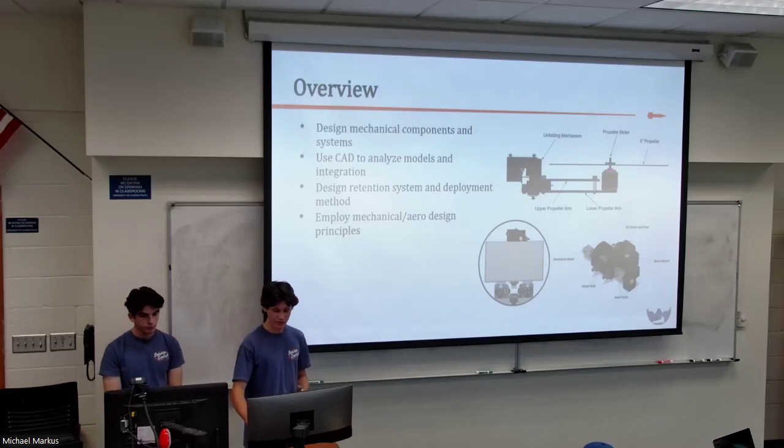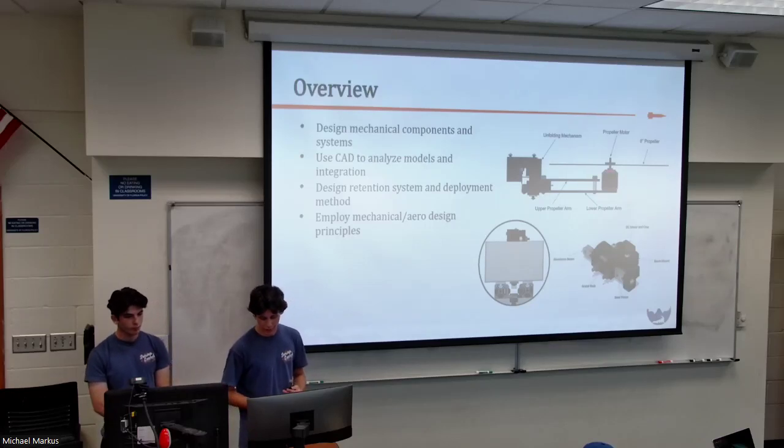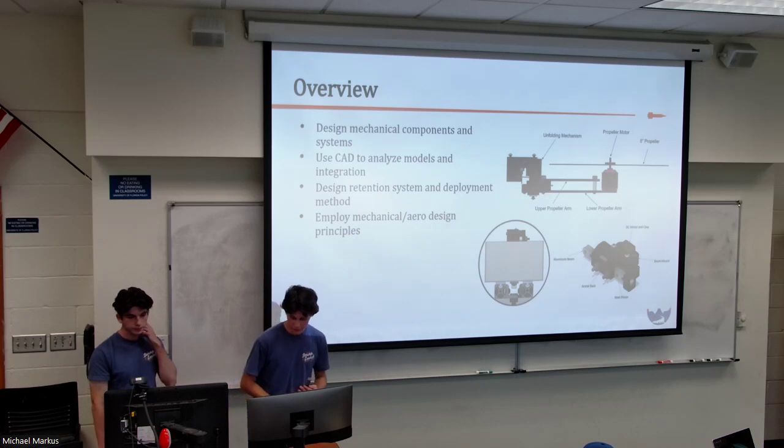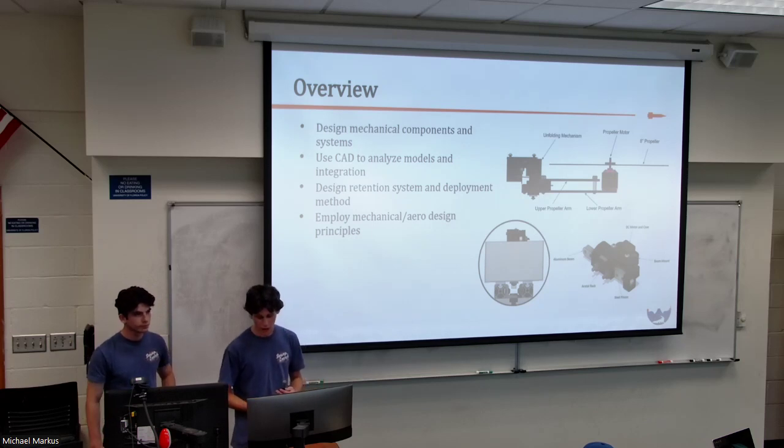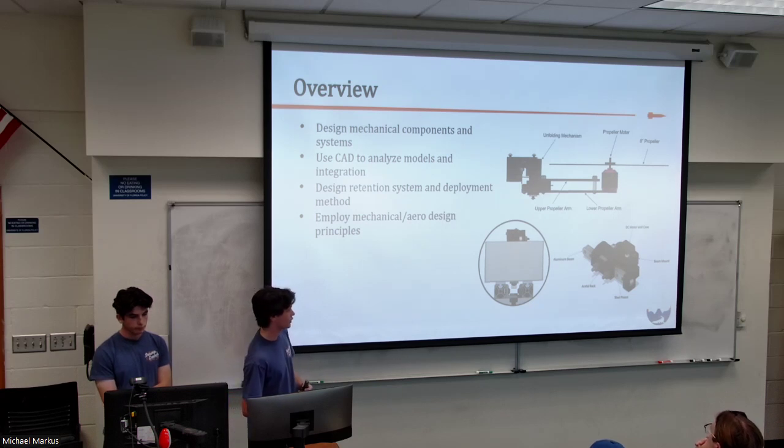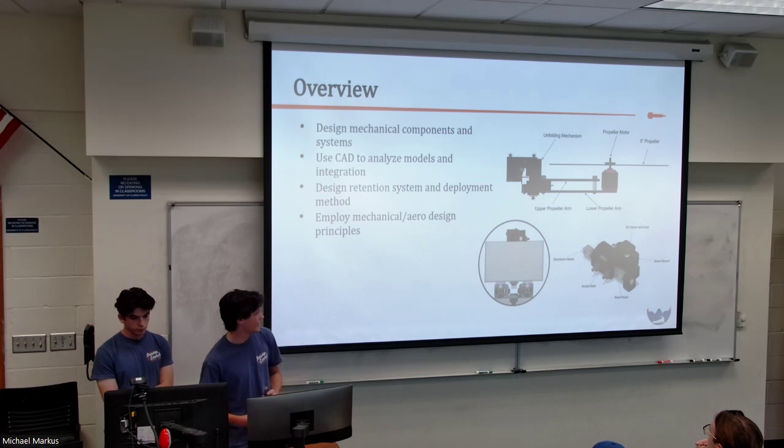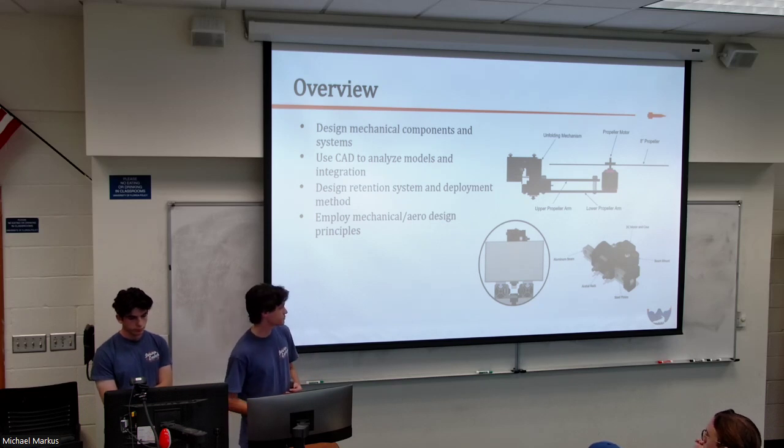So in the bottom right of this slide, we've got a little graphic of a rack and pinion. And then in the bottom left of the pictures, that's the little sled that it was on. Those little X-shaped things are called 80-20. 80-20 is a really nice material.